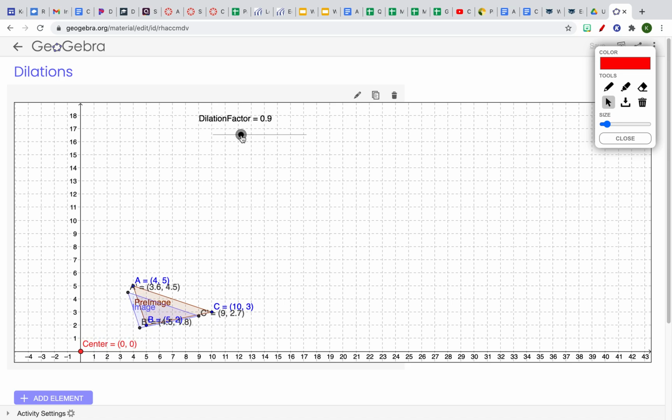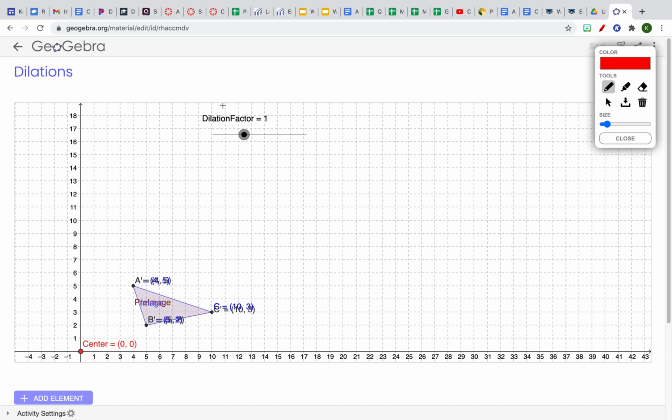Okay, that makes sense. And so dilation factor, scale factor, those are interchangeable words.